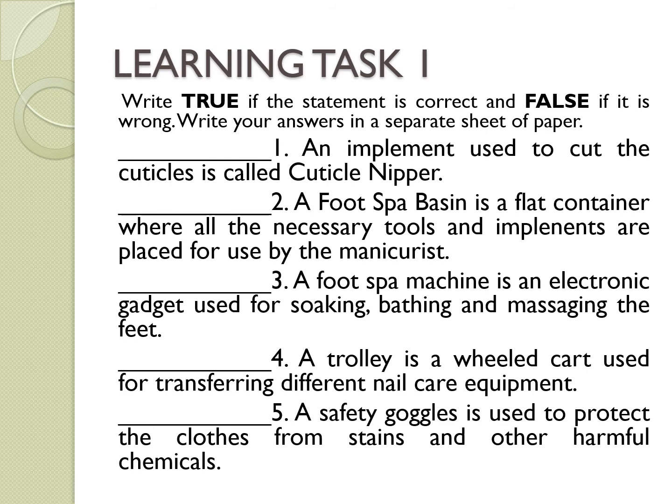A foot spa machine is an electronic gadget used for soaking, bathing, and massaging the feet. 4. A trolley is a wheeled cart used for transferring different nail care equipment. And last, safety goggles is used to protect the clothes from stains and other harmful chemicals.